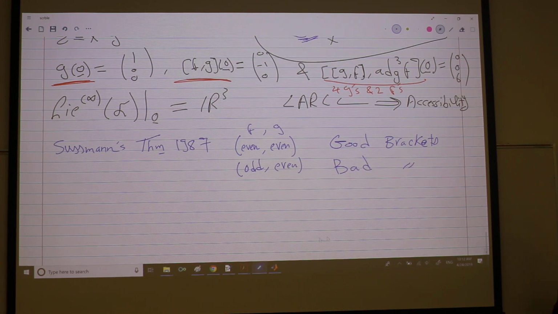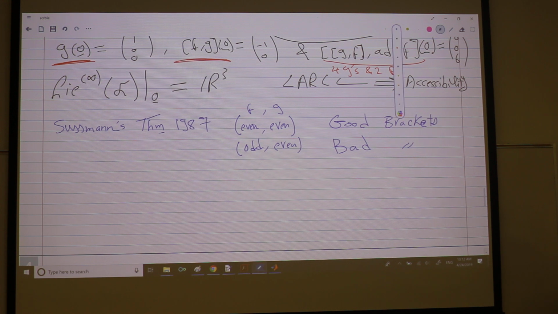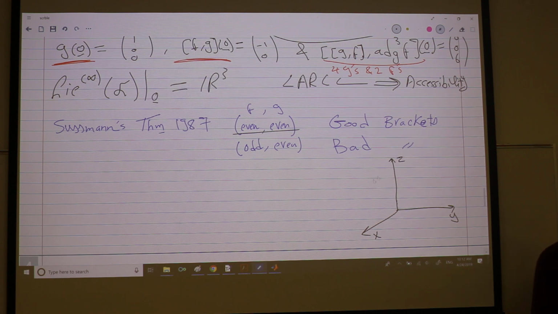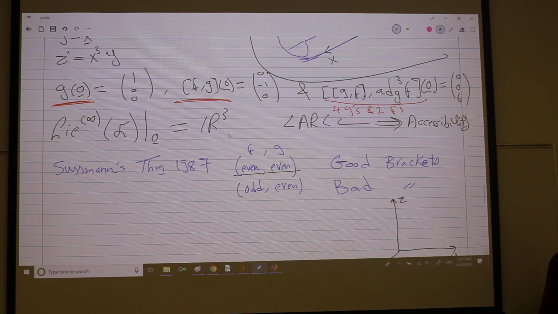Well, but how, when we have this one, can we solve the problem? So I'm here in 3-dimensional space, x, y, and z. Where was the problem? So I have the 3 vectors that cover the tangent space: G, the Lie bracket, and this very large bracket that we're just saying is a good bracket.